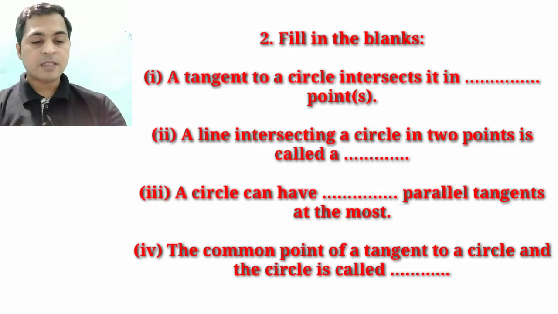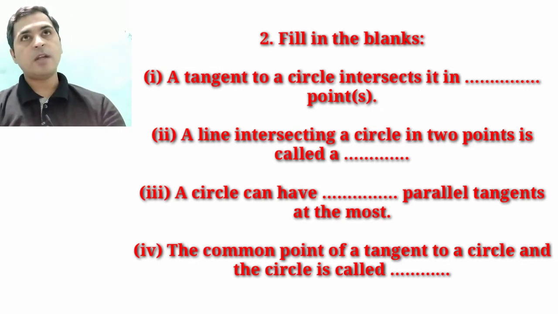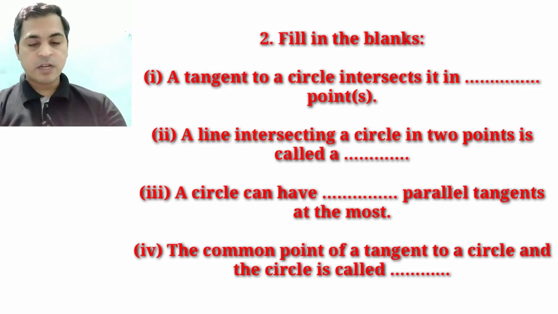Third one is a circle can have dash parallel tangents at the most. And the fourth one, the common point of a tangent to a circle and the circle is called dash. So students, these are 4 questions. We will see the answers one by one.